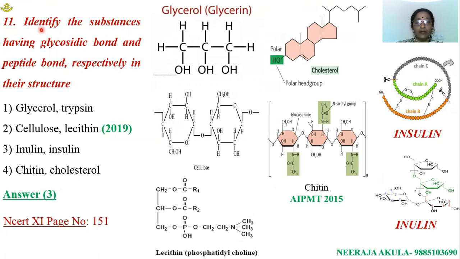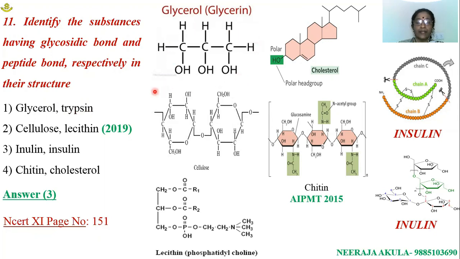Question number 11. Identify the substances having glycosidic bond and peptide bond respectively in the structure. A glycosidic bond is formed between a carbohydrate molecule and another carbohydrate molecule or any other molecule. And a peptide bond is formed between two successive amino acids. Glycerol, trypsin.